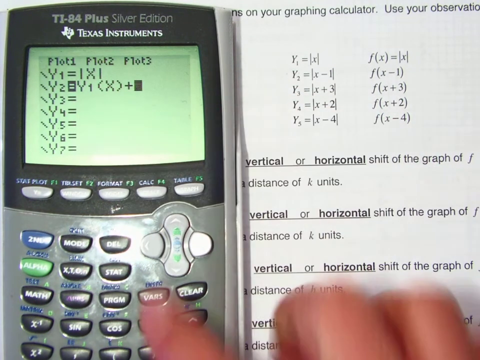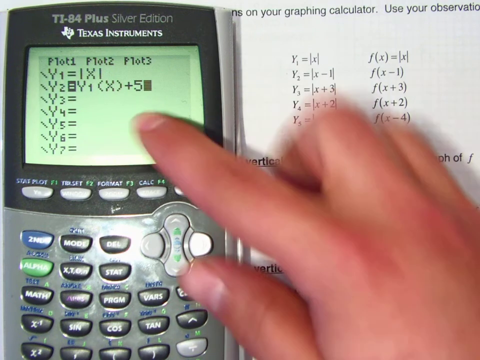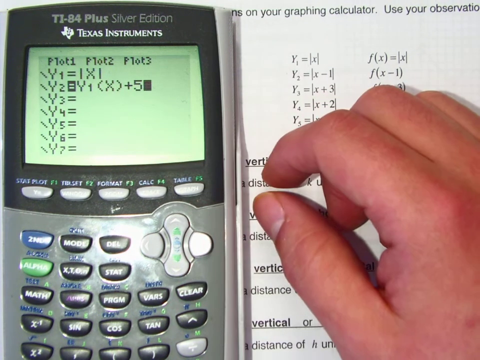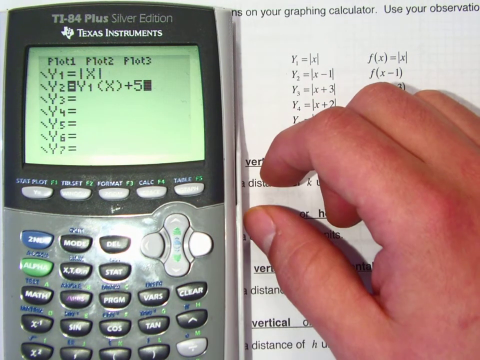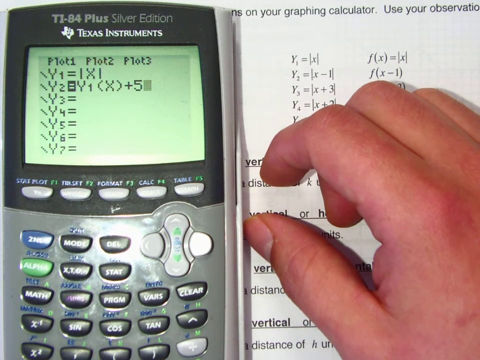Let's say I add 5. What's going to happen to the original graph? Let's start on 5 on the y-axis.